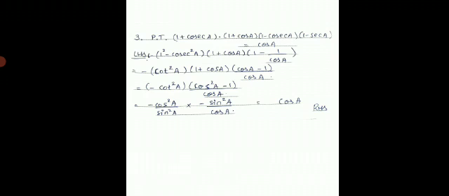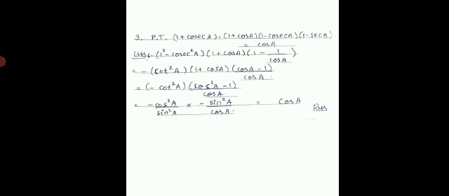Next one, third one, in 3 marks questions. 1 plus cosec A into 1 plus cos A into 1 minus cosec A into 1 minus sec A is equal to cos A. So in the LHS we have 4 terms.